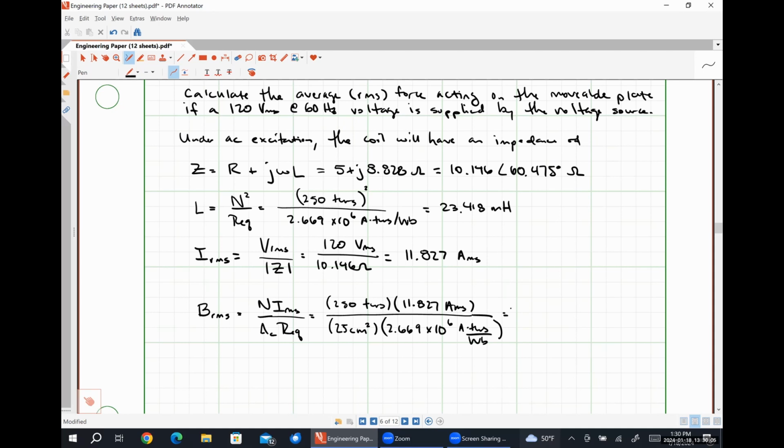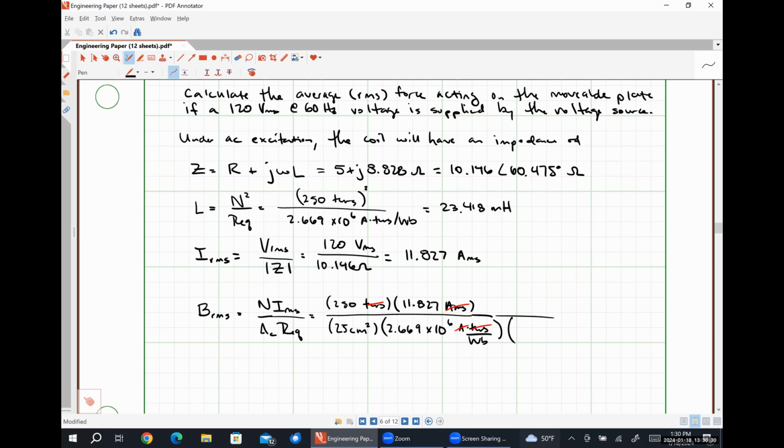And actually, I'm going to put a conversion factor here really quickly. If we look at these units, so here's amps over amps, here's turns over turns. So right now, effectively, we have Webers per centimeter squared, and I want magnetic flux density, which is measured in Tesla or Webers per meter squared.